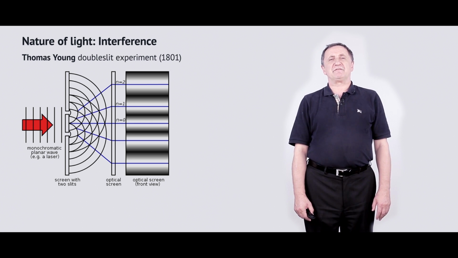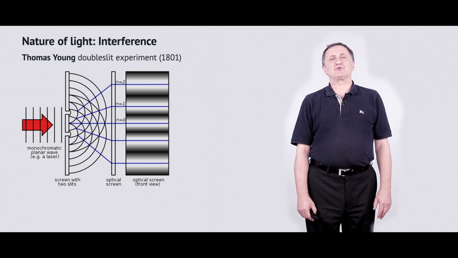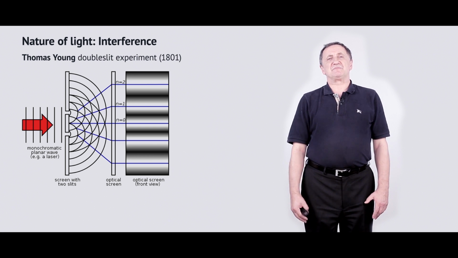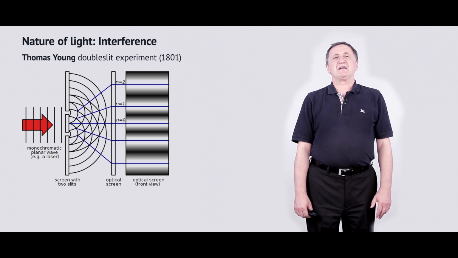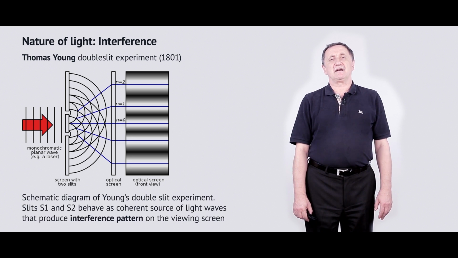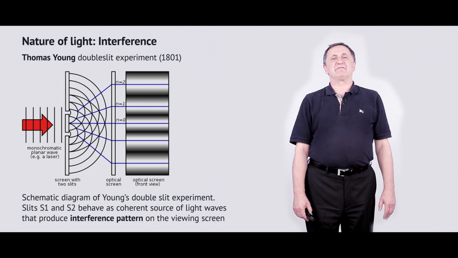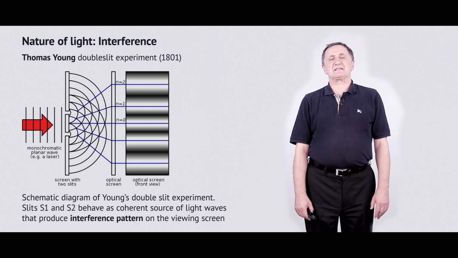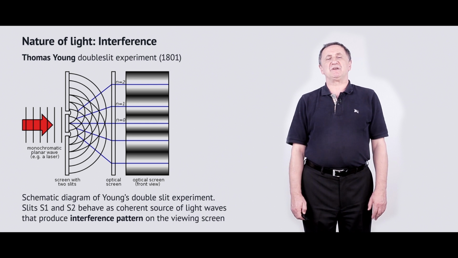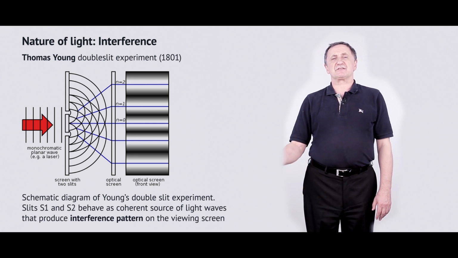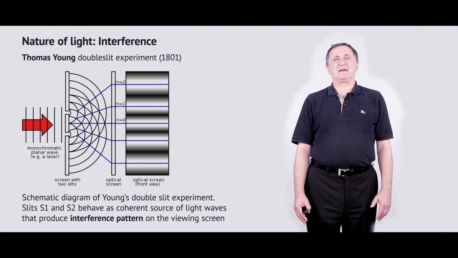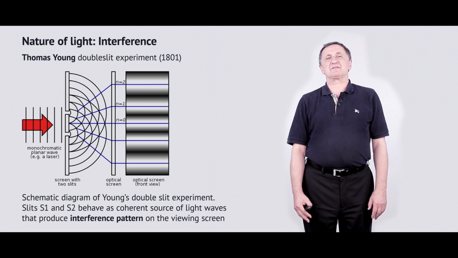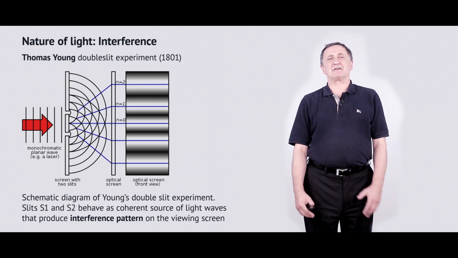So indeed, if we have a screen and we make two holes, two slits S1 and S2, in this screen with some distance d between these holes, and then we organize a beam of light with the same wavelength, let's say monochromatic light, coming parallel to these slits, then, owing to interaction between these beams on the screen, we will have the interference picture, namely, you will see a sequence of extremely light and extremely dark regions.